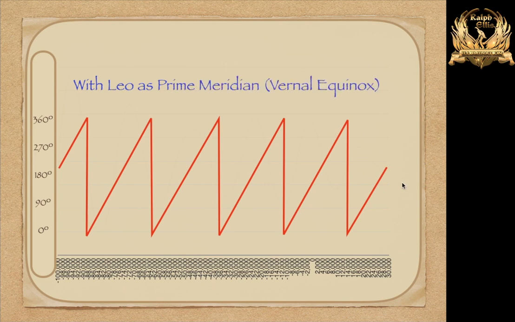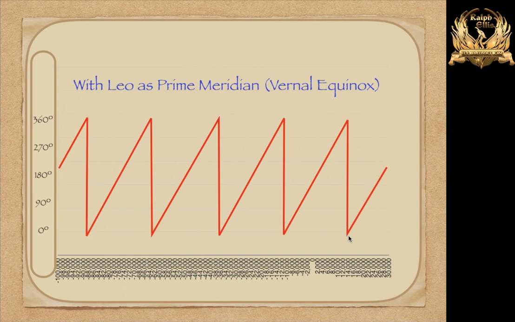So here's the graph. What are we looking at? Well, down the bottom here we have dates. We have 0 here, today's date, and we go back 100,000 years here. On the left side we have degrees. Obviously the precessional movement makes a circle in the heavens, a circle of 360 degrees, and it forms this nice sawtooth pattern. And here we're using Leo as the prime meridian, and so Leo is down here at 0 degrees, or up here as well at 360 degrees if you really want.